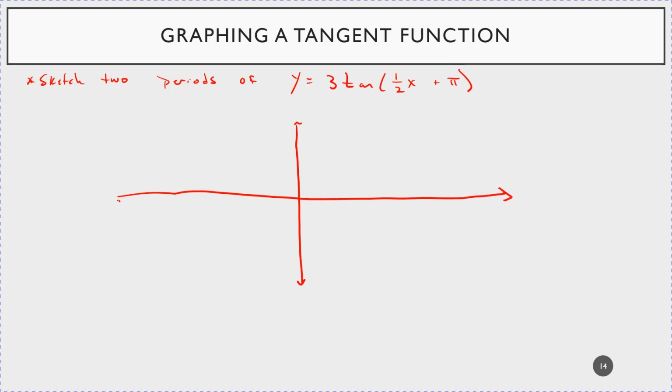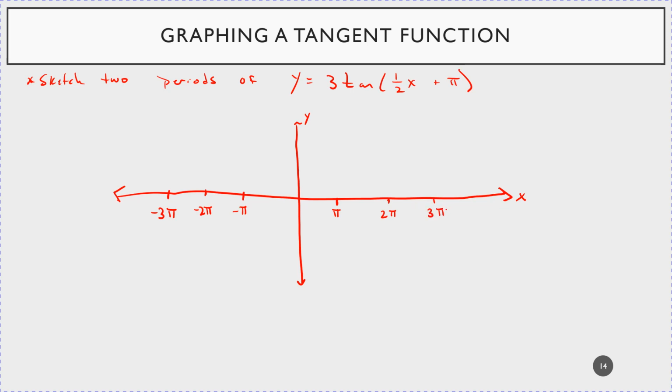Got a nice big graph here. All right, so look how I do this. I'm going to start over here at negative 3 pi, and I'm going to go all the way to negative pi. What falls in the middle? That's negative 2 pi. Then here's 0. Then I'm going to put pi, and then 2 pi, and then 3 pi.